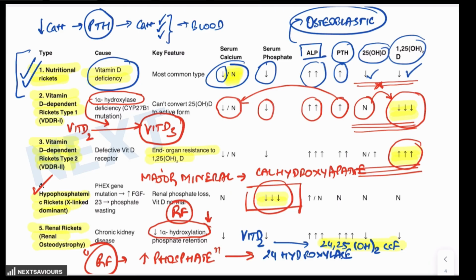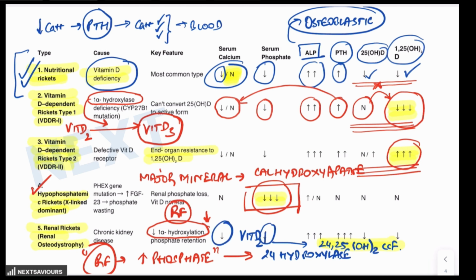Now it becomes very easily understandable that the calcium ionic concentration is decreased, the phosphorus will be increased, the alkaline phosphatase will be increased, the vitamin D2 levels are decreased, but so are the vitamin D3 levels, which are also found to be reduced. So this is how the basic pathophysiological mechanisms are responsible for creating different types of rickets and how they are different serologically.